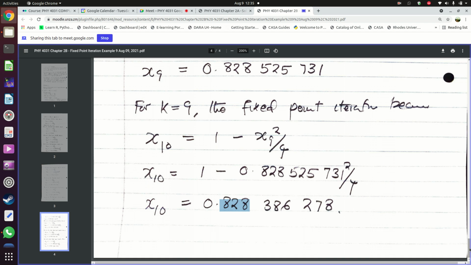Now, what we are going to do when we meet next week is extend this idea of fixed point iteration so that we can solve systems of linear equations at once using this iteration, where we start out, let's say, with 3 equations with 3 unknowns. For each of these 3 equations, we are going to create a function which is going to give us a value of x, like a g of x.